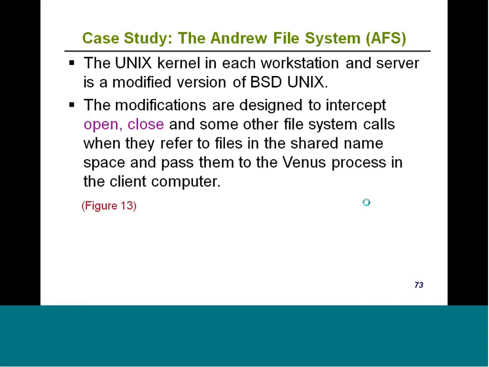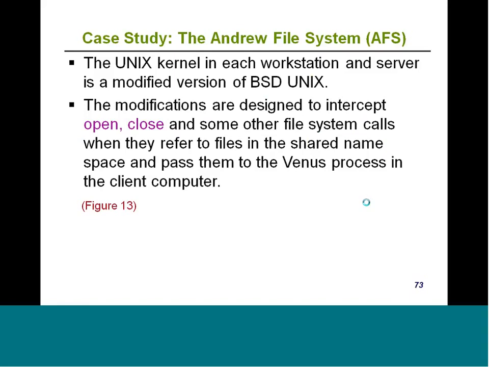The Unix kernel in each of the workstations and servers is a modified version of BSD Unix, which is the Berkeley Software Distribution Unix. Essentially the modifications are designed to intercept the file commands, which are essentially open and close, and some other file system commands as well.